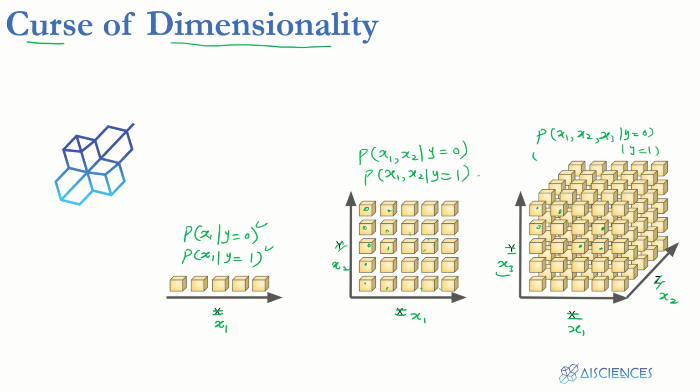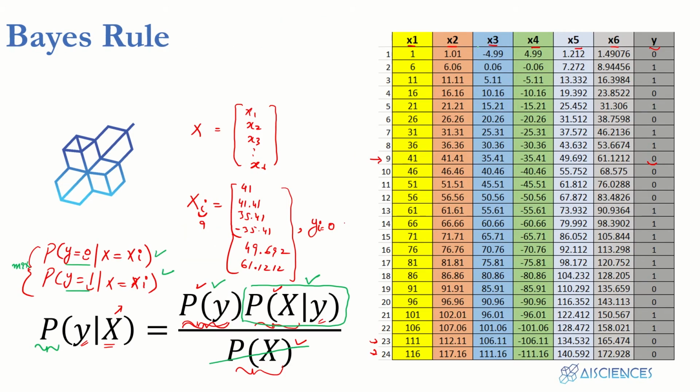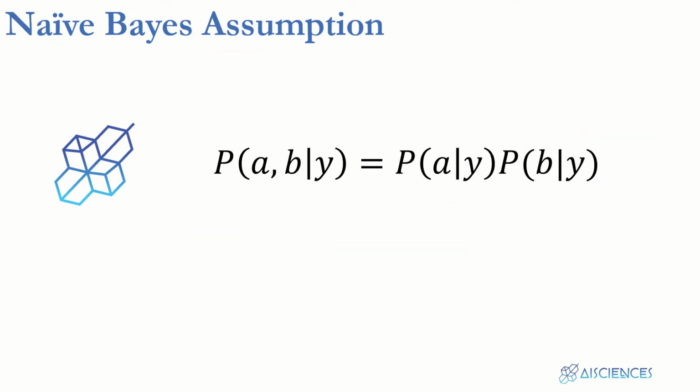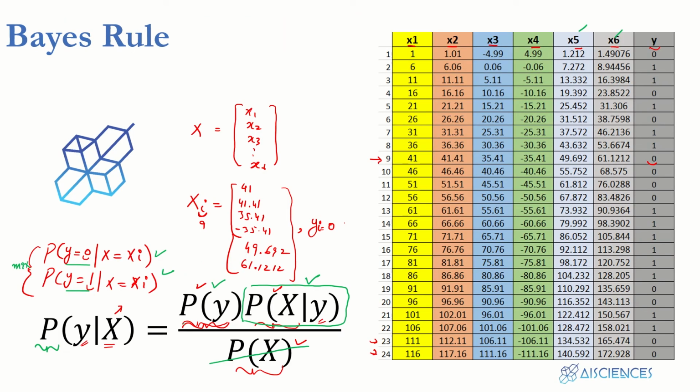If your feature space is high dimensional, which means your number of features is many. In this particular case, our feature space is 6 dimensional because we have 6 features. If your number of features is much larger, then the number of data samples required to estimate this class conditional distribution is very, very large. In this particular case, the number of data samples is just 24, going from 1 to 24.